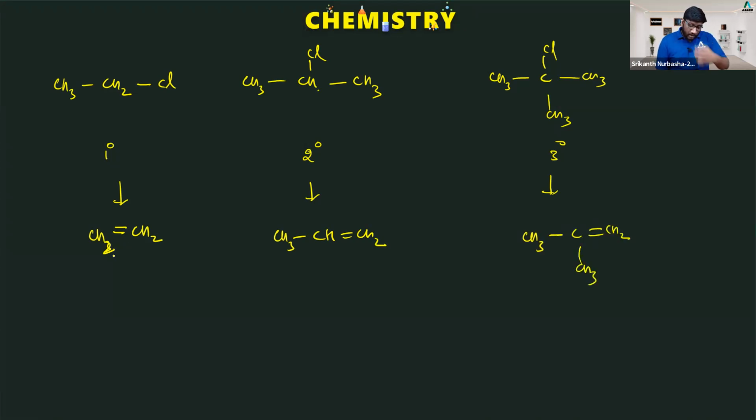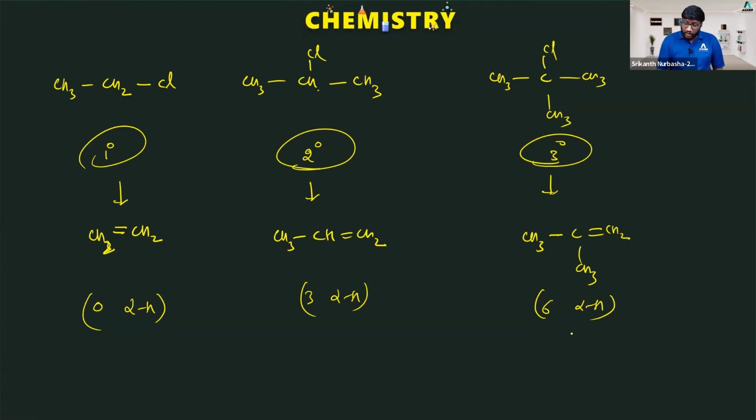In these alkenes, compare the stability of the respective alkenes. For CH2 double bond CH2, there are no alpha hydrogens, 0 alpha hydrogens. Here we have 3 alpha hydrogens. Here we have 6 alpha hydrogens. So in the tertiary alkyl halide, we have more alpha hydrogens or not? So for primary, secondary, and tertiary alkyl halides, if you want to compare the rate of E2 elimination, you have to compare the respective stabilities of the transition state.